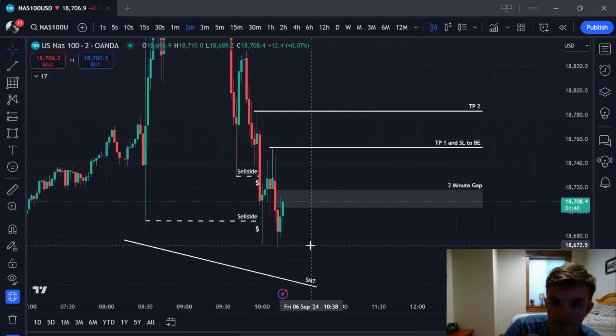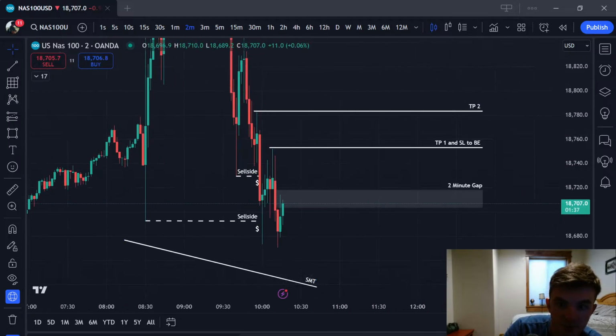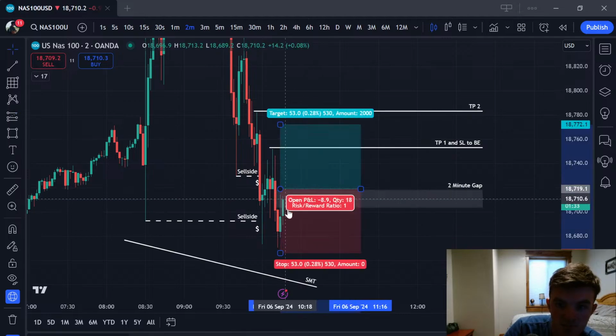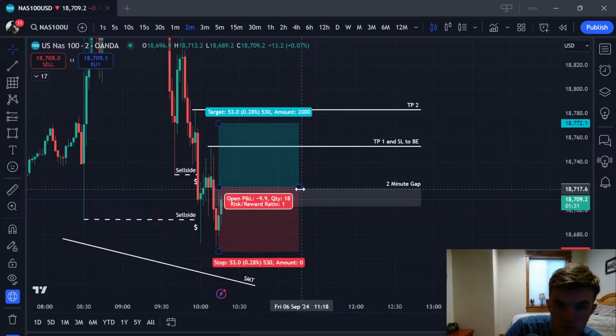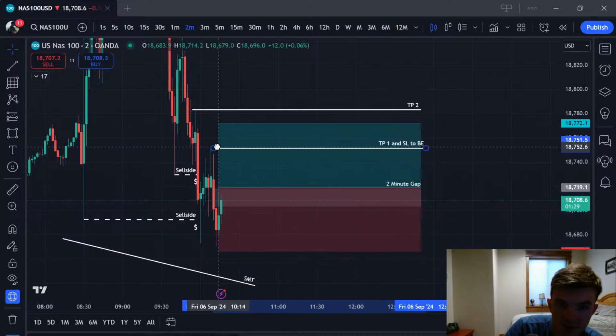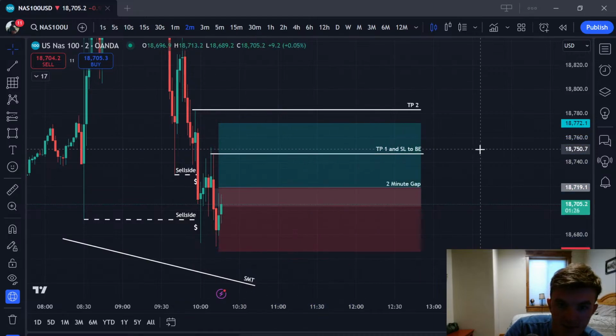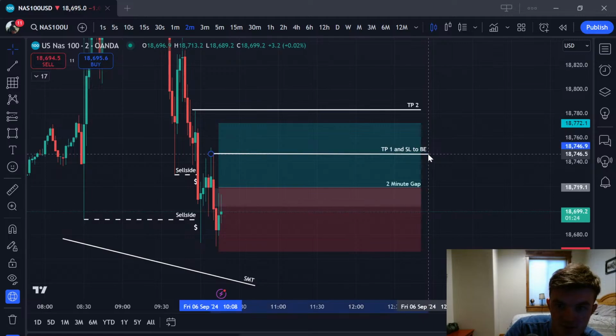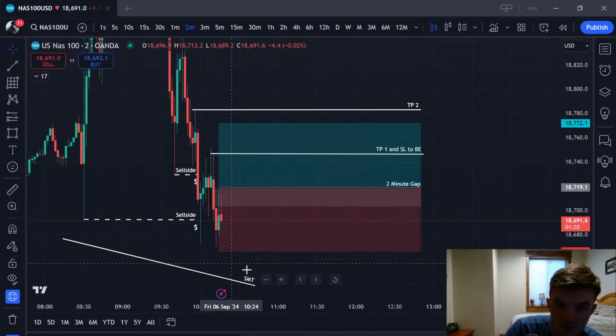Still, this close above will be valid. So this is the entry. I actually want to move TP1 and stop loss to break even right here, because of this tiny little high here.